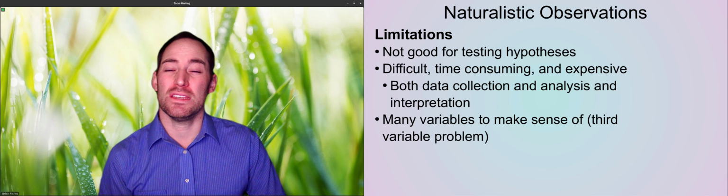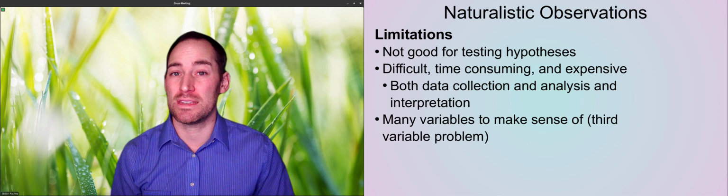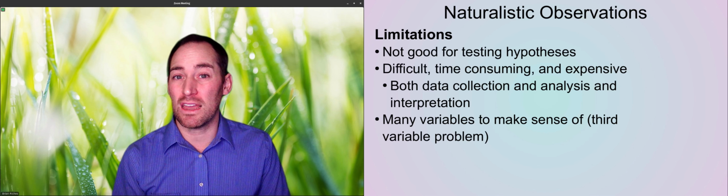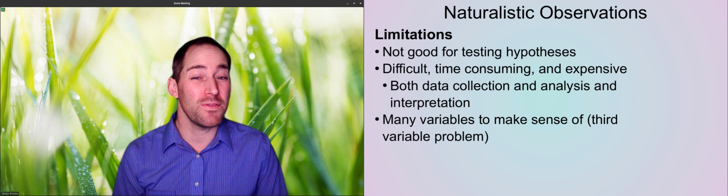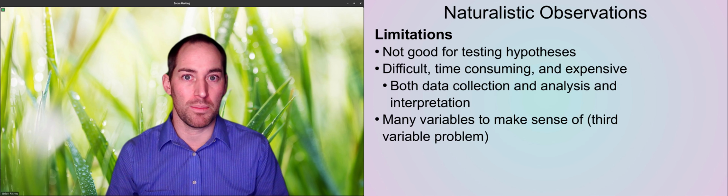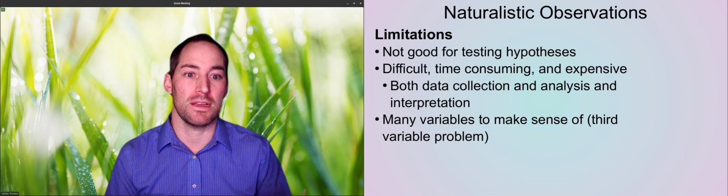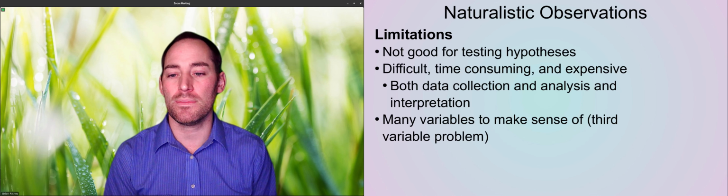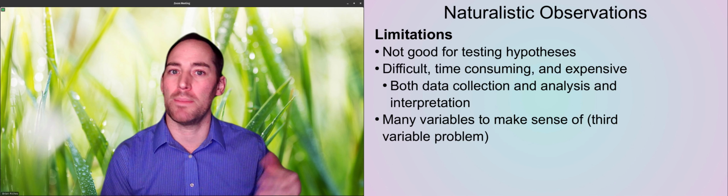So with this, you can't do much hypothesis testing with observational studies. It also does take a long time. It can be very expensive. The data collection instruments might be expensive, like literally buying cameras, buying computer analysis software, interpreting. So many variables to try and make sense of.